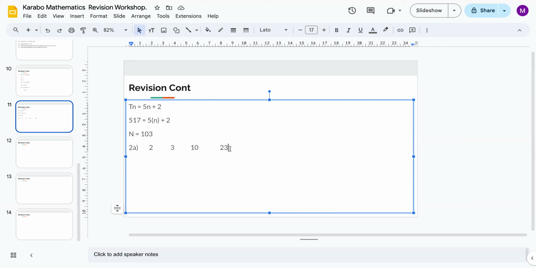So we can quickly write down our first set of differences here. Let me do it in color so you guys can see. We'll do purple. The difference between 2 and 3 is 1. And then 10 minus 3 is 7.